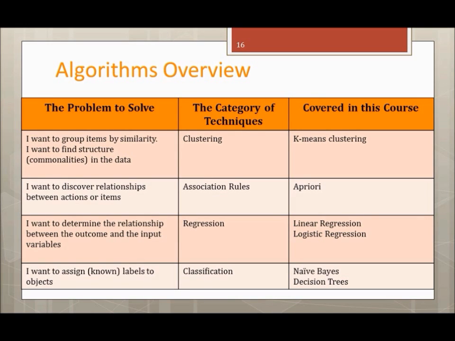The last type of technique which we are going to cover in this course is called classification, and you use classification when you want to assign a specific label or class to the objects. For example, given an email, can you classify if the email is spam or not? Or by looking at the loan application data, can you classify if the loan is going to be approved or not?